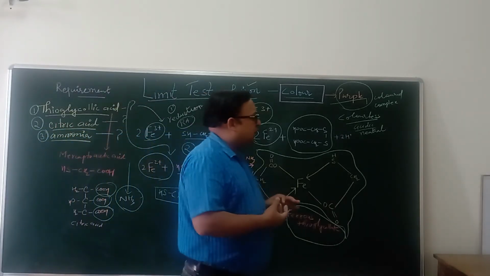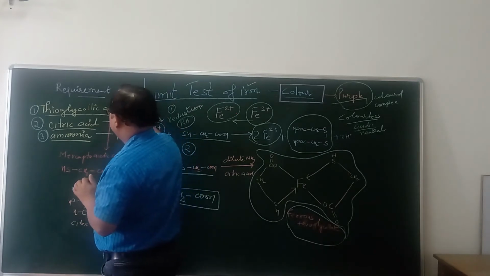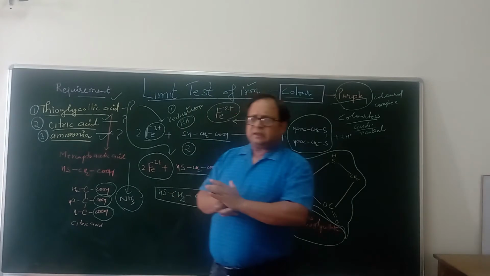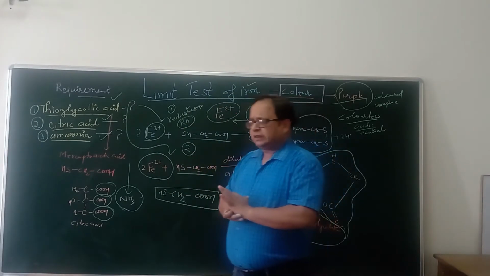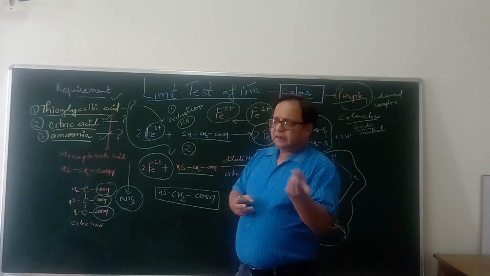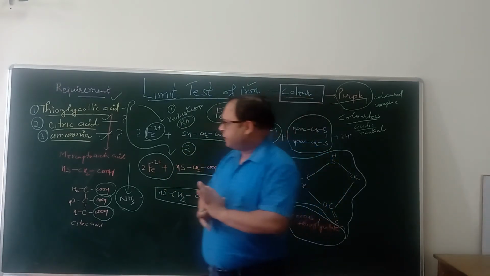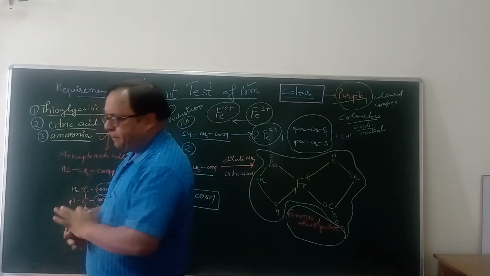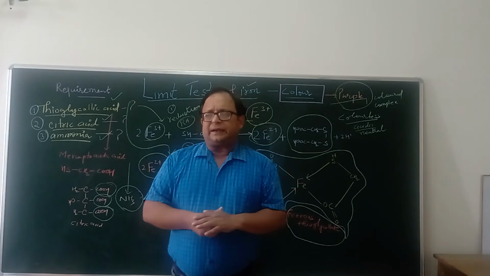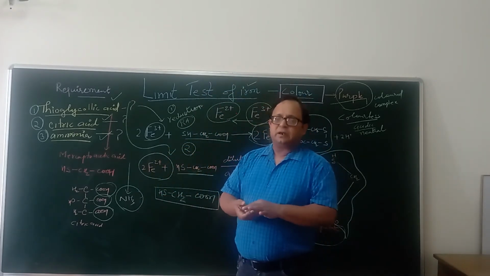So here I have told you why we are using three chemicals: thioglycolic acid, citric acid, and ammonia. So the role of all these three reagents is very clear. Thioglycolic acid has twofold roles. First is reduction, and second is making a complex with the ferrous iron form. Ammonia makes the solution alkaline. Citric acid prevents the reaction between iron and ammonia.